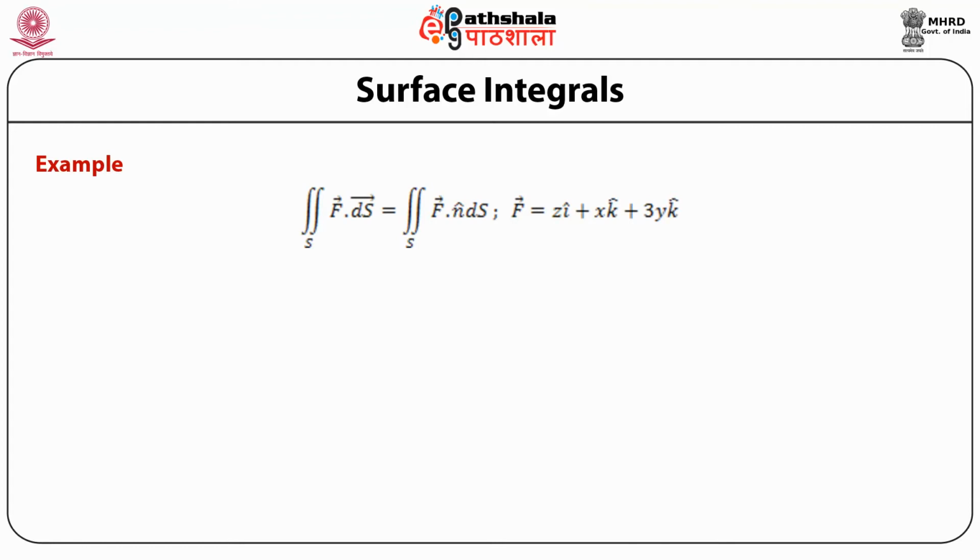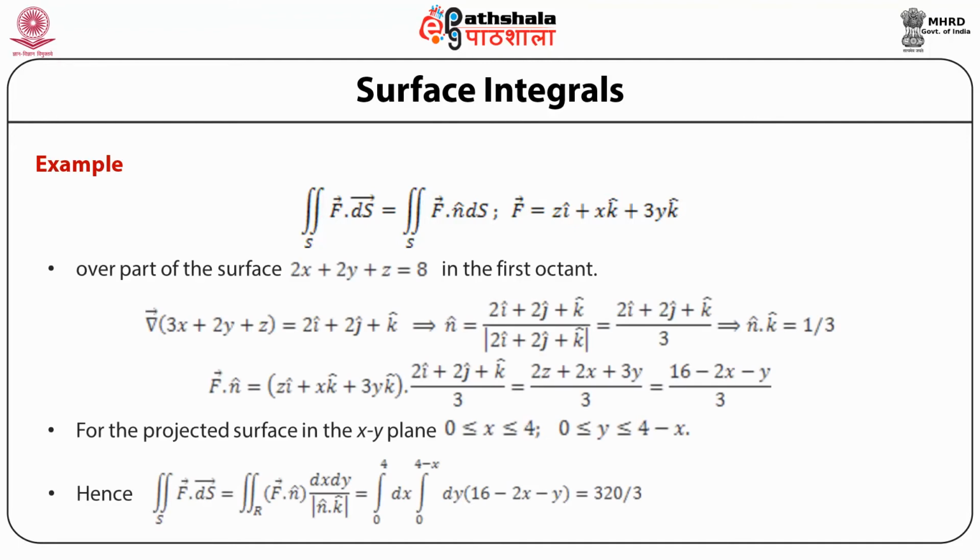So let us see some example. Surface integral F dot ds is equal to surface integral F dot n cap ds, where F is equal to z i cap plus x j cap plus 3y k cap over the part of the surface 2x plus 2y plus z equals 8 in the first octant.